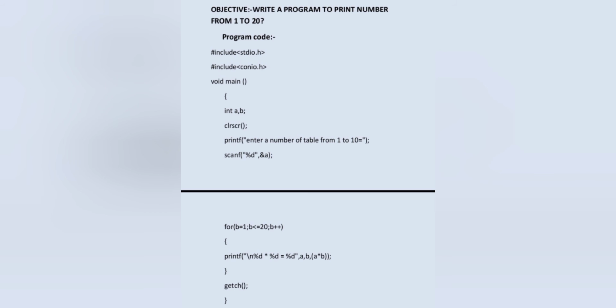It means enter a number of table from 1 to 10 is in brackets. scanf is also used and a is a variable. For b from 1 to 20, b++, printf %d, a, getch is also a function, curly bracket closed. This is a program of C++.